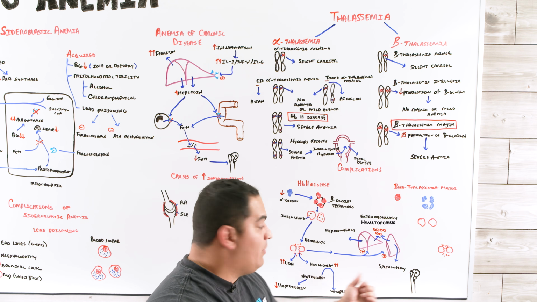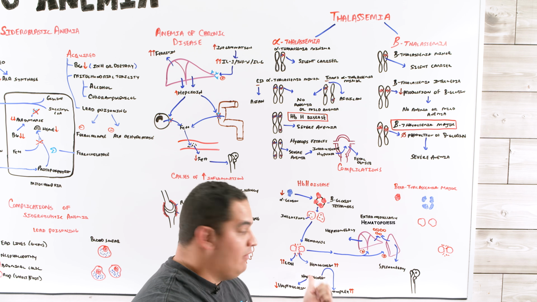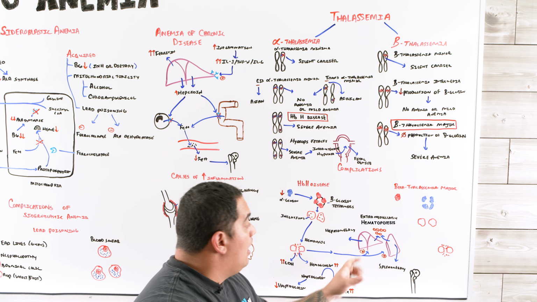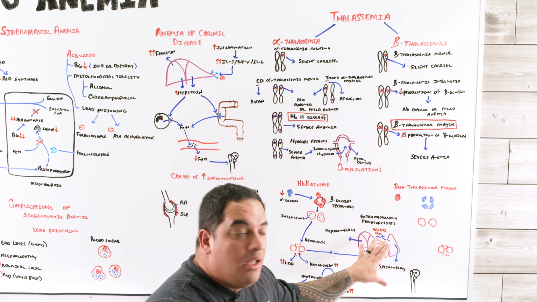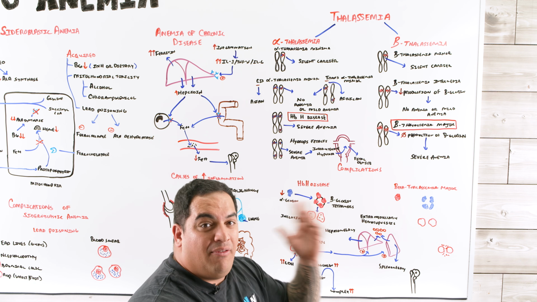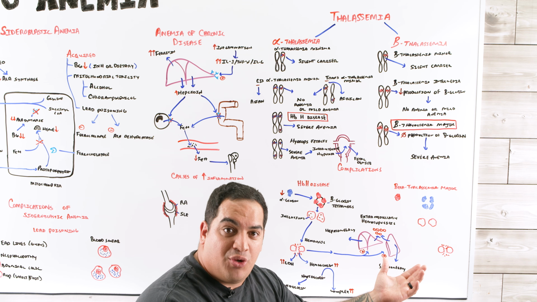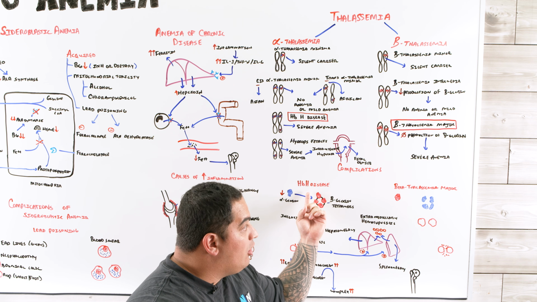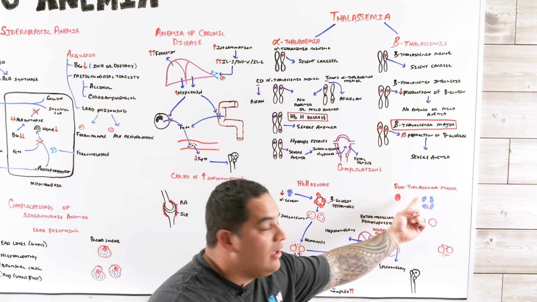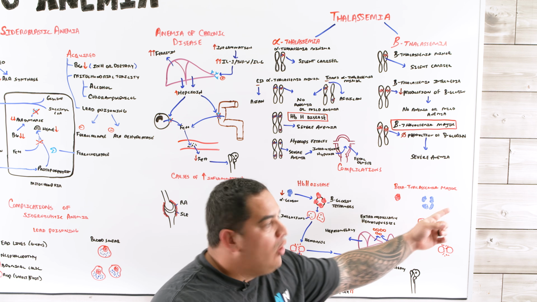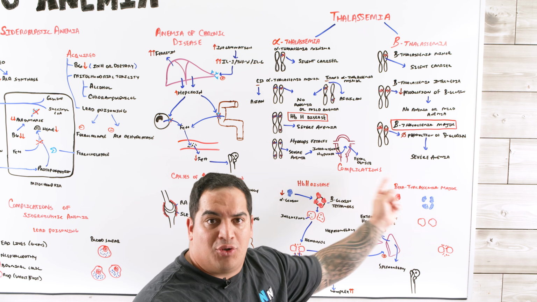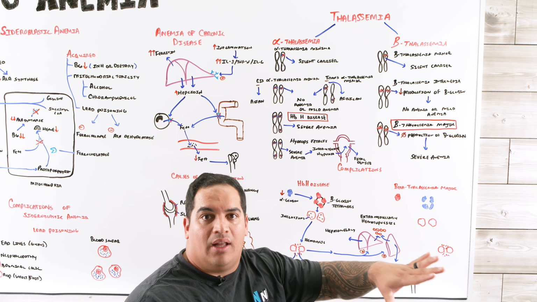But if a patient comes in with evidence of hemolysis via these labs and hepatosplenomegaly, and you then say, okay, they have a family history, they've had a history of frequent transfusions, you should be thinking about hemoglobin H disease or potentially beta thalassemia major. The only way to truly tell is to get a hemoglobin electrophoresis, and I'll explain what that would look like later.